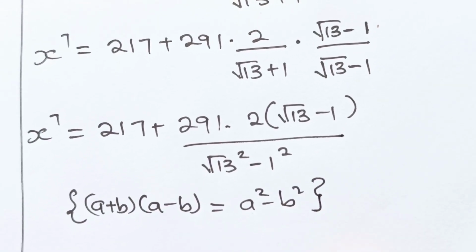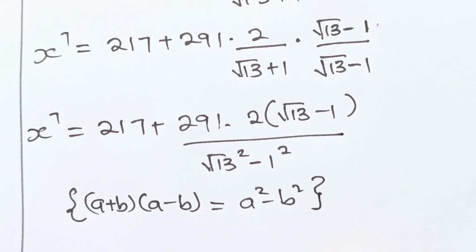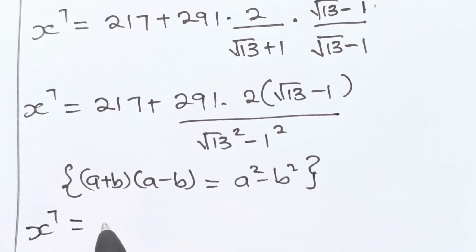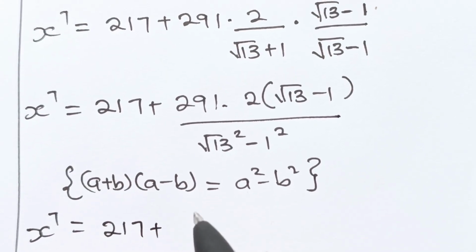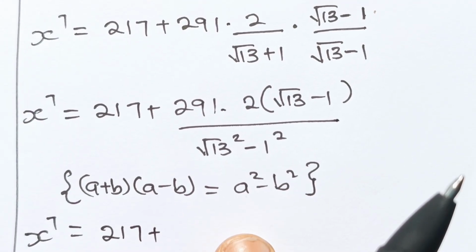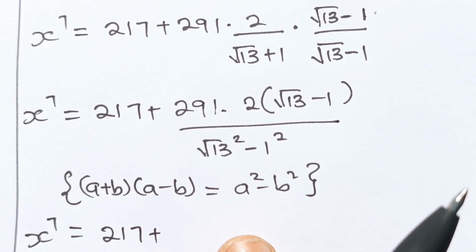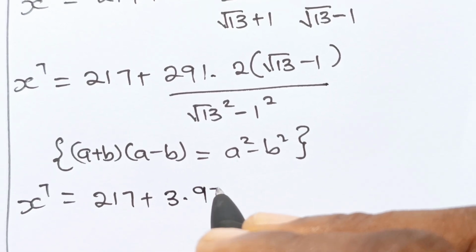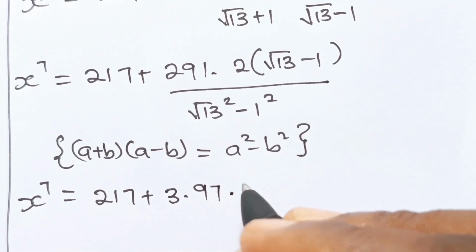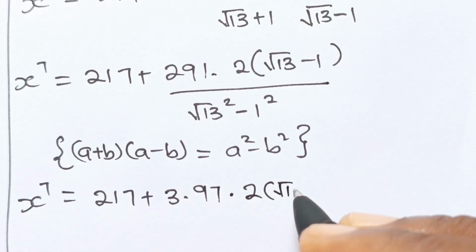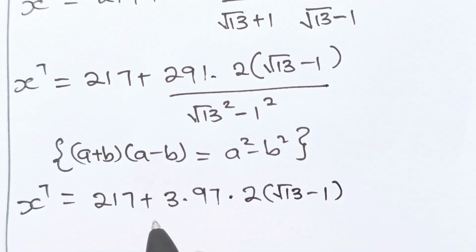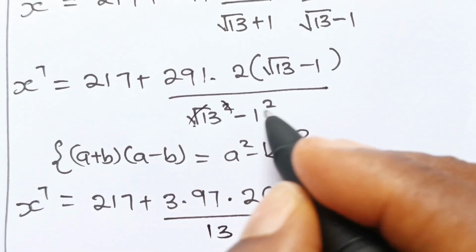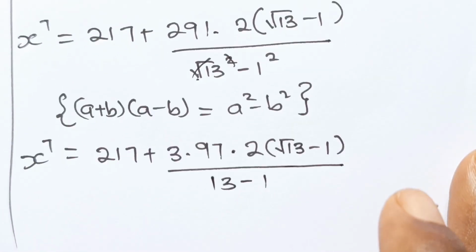Now, if we solve further, we can say that x to the power of 7 is equal to 217 plus, now 291 can be expressed as 3 times 97, right? So we have 3 times 97 multiplied by 2 brackets root 13 minus 1, divided by root 13 squared, which gives us 13, and 1 squared is 1.